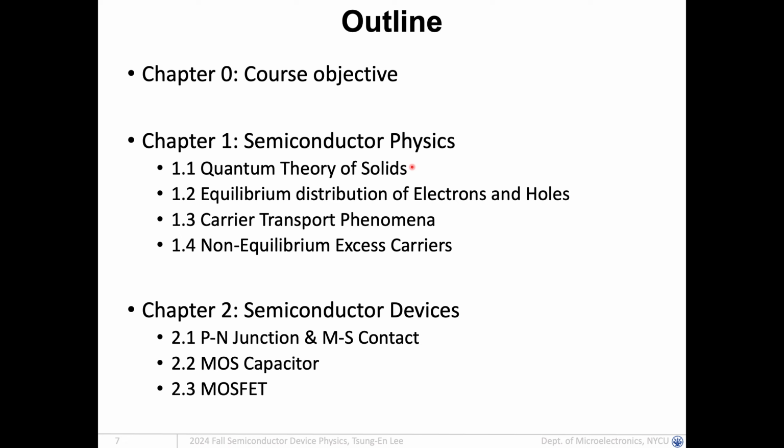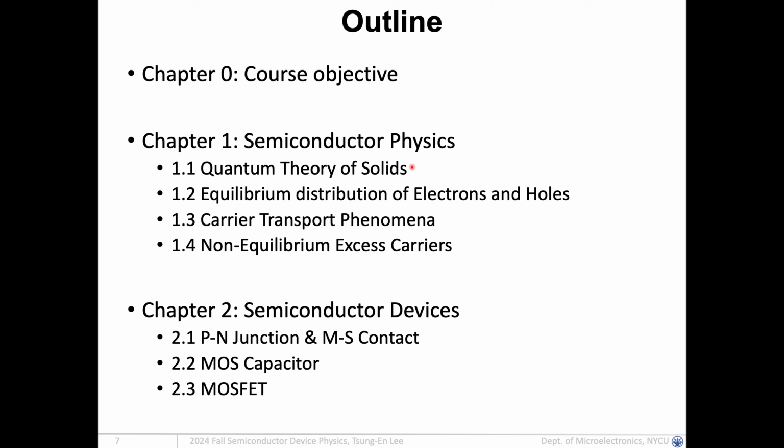In chapter 2, based on the learning from chapter 1, we will extend to the device physics more. We won't discuss BJT in this course. We will only focus on the MOSFET, which is the mainstream in our current technologies.